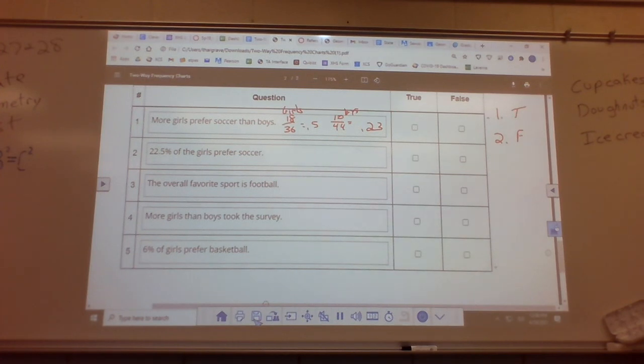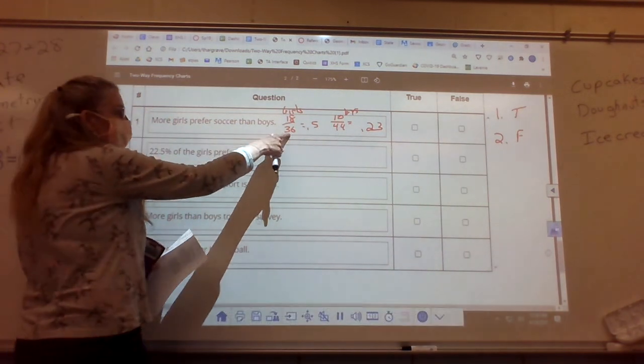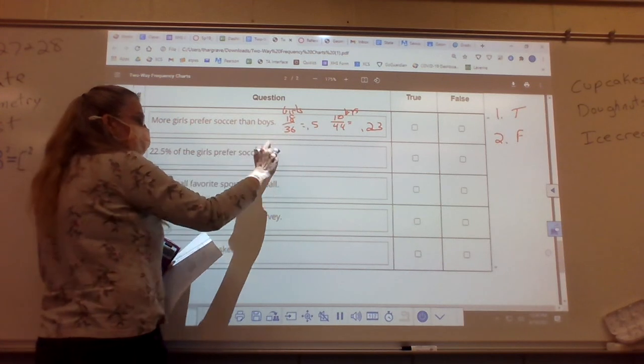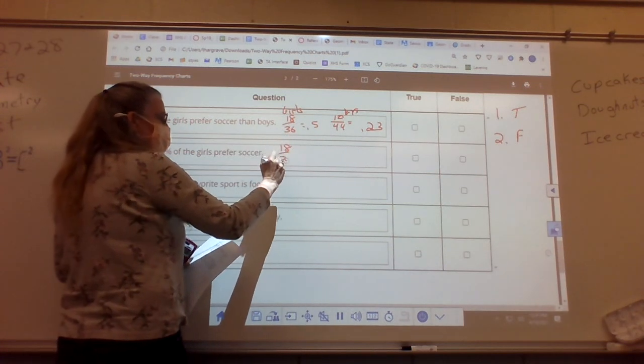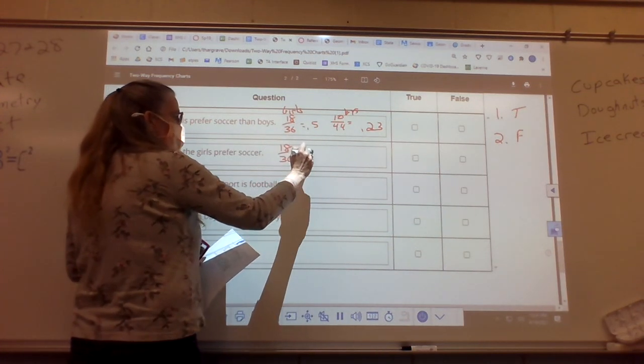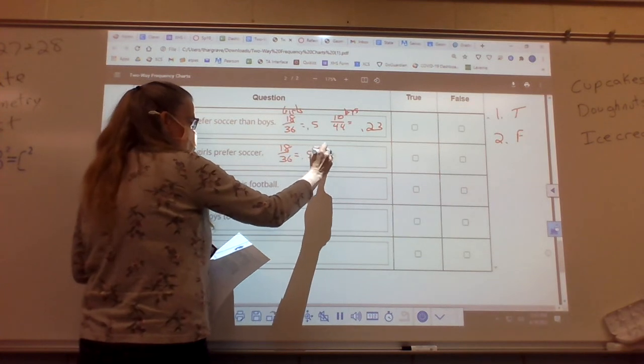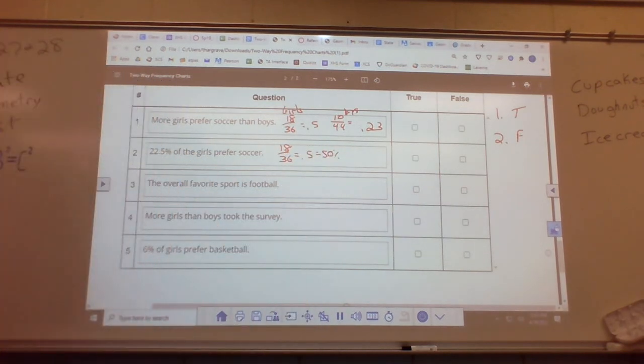But the question said 22.5% of the girls preferred soccer. Well, we just found out from the last question, of the girls, 18 of 36 preferred soccer, which was 50%. That 22.5 wasn't of the girls, it was everybody. That one was out of everybody.